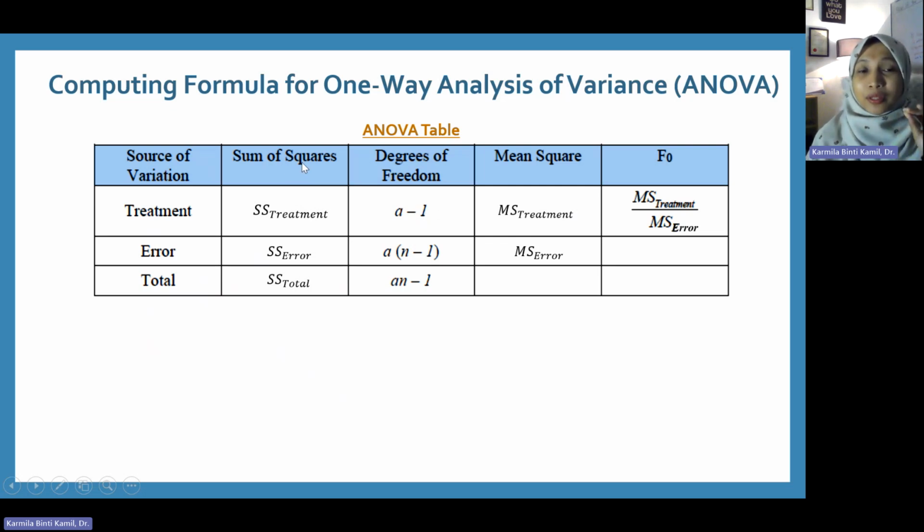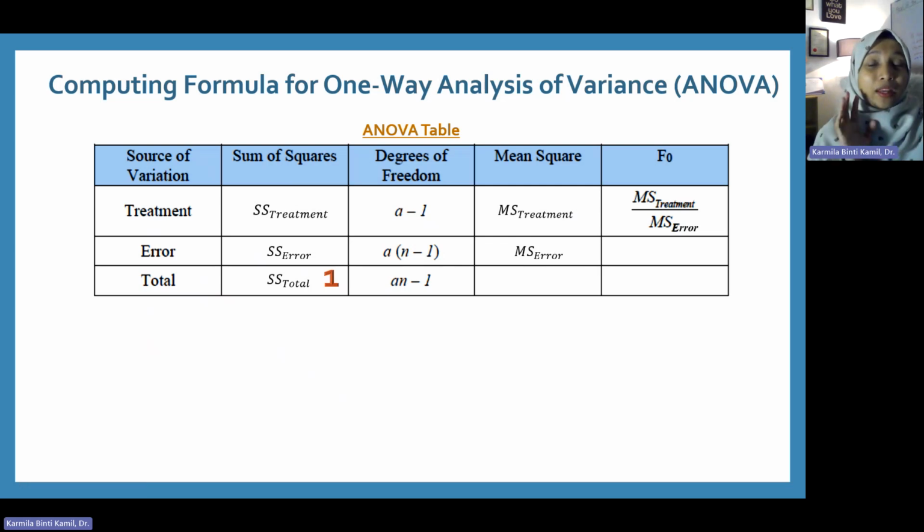In sum of square, for the treatment we have SS treatment, for error we have SS error, and for total we have SS total. Next, we have degrees of freedom: A minus 1, A times (N minus 1), and AN minus 1. Mean square, we have MS treatment and MS error. Lastly is F naught, which is equal to MS treatment over MS error.